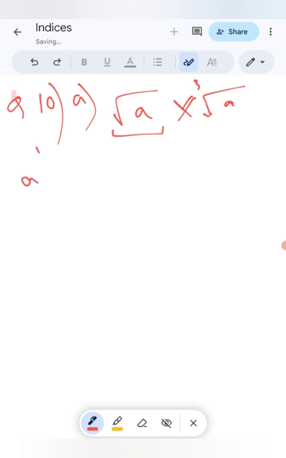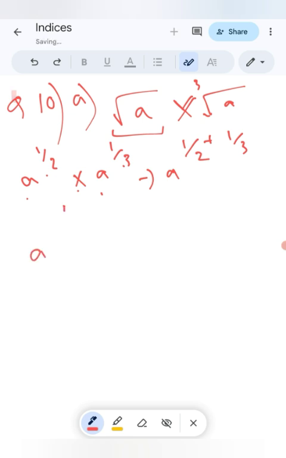So a raised to the power half, I can write this in index form, multiplied by a raised to the power 1 upon 3. Now 1 upon 2 multiply means a plus 1 upon 3. Because the bases are same, powers are different, multiply sign in between, I add the powers.